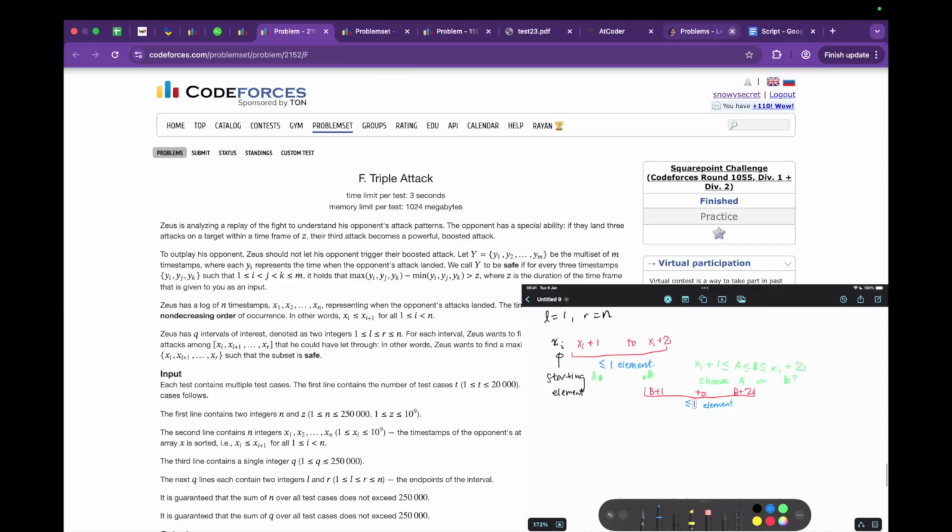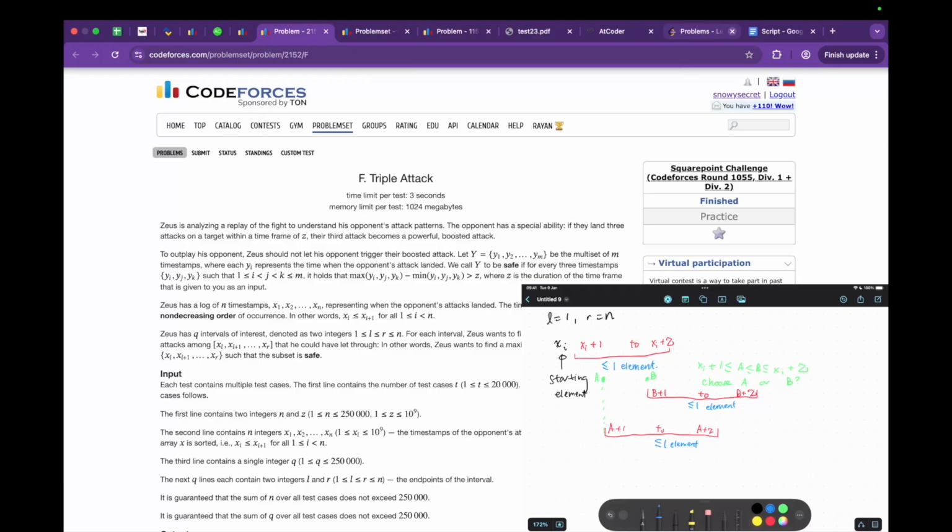If we chose A, however, then we're basically saying that among the values a plus 1 to a plus z, we can at most choose one element. Okay.